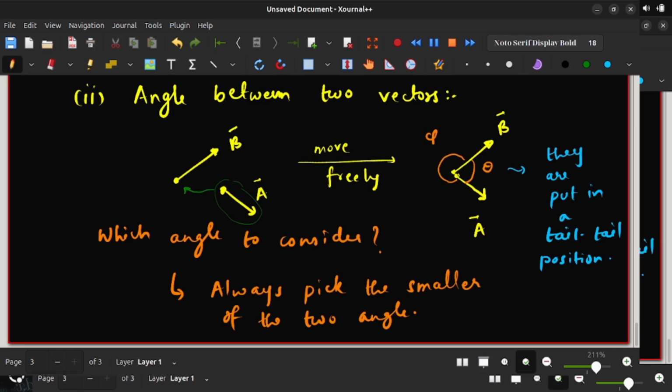That is the angle between the two vectors. When they are put in a tail to tail position only, please understand. Never put them in a tail to head position and then find the angle. Only in the tail to tail. Smaller of the two angles.